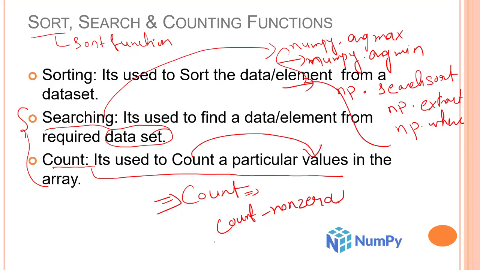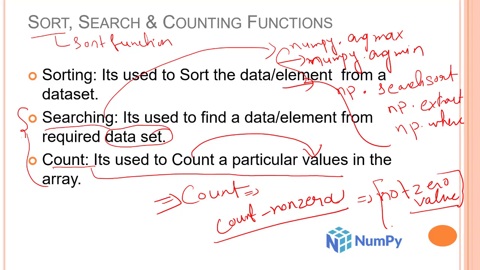It counts whatever non-zero values are there in a NumPy array, meaning the values that are not zero. If you want to check that, we use the count non-zero method. I hope you're now clear with all three of these functions in NumPy.